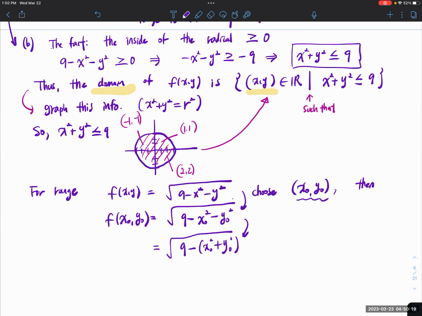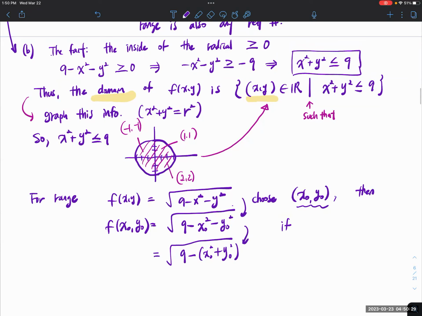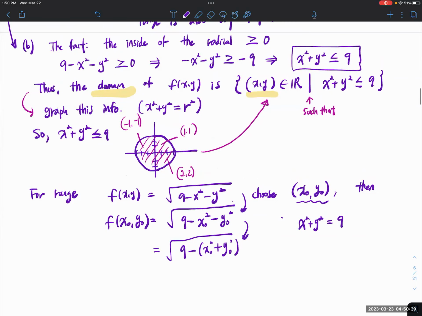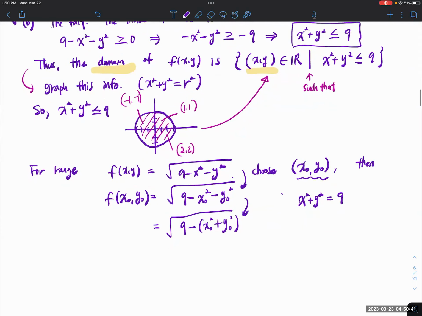What is the fact? We also know one fact from the circle equation, here, x squared plus y squared is 9, right? This is from the given information of the domain.